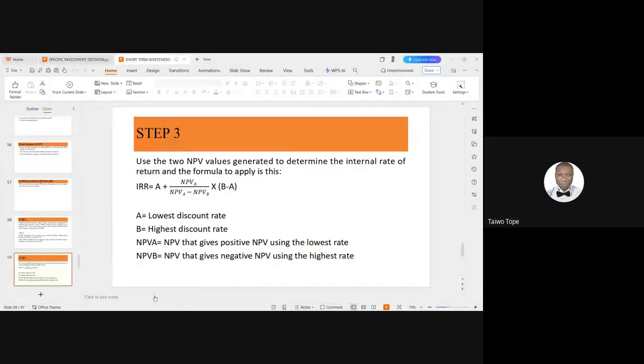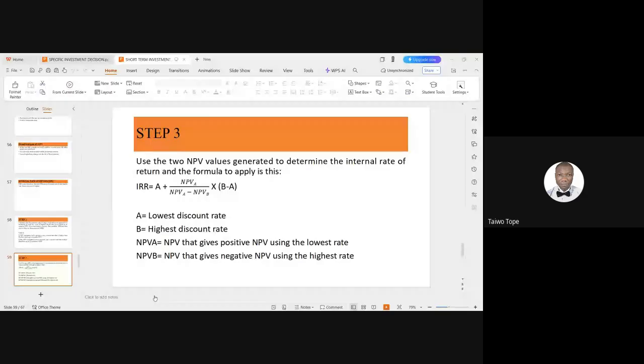So for you to solve internal rate of return, you need this formula, as you can see on the screen. As we determine your NPV in positive and negative values, you substitute into this formula the two NPV values generated to determine the internal rate of return.